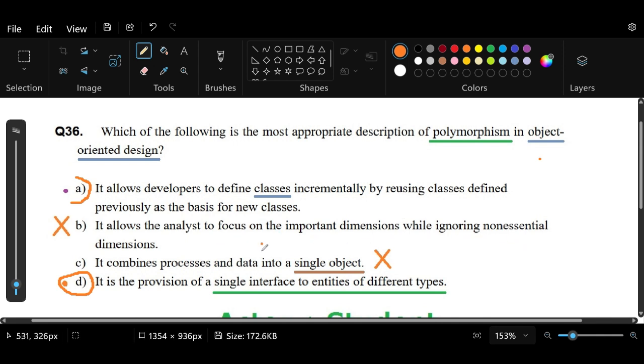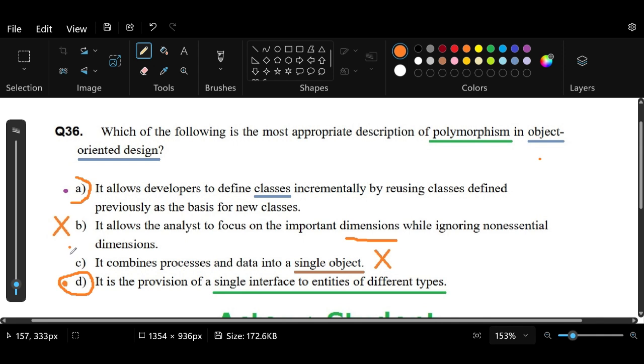Okay, I think if we're dealing with object-oriented design, polymorphism, the part about dimensions and non-essential dimensions, I think there's a better answer, an answer closer to what we're aiming for. That's why B wouldn't be the right answer.